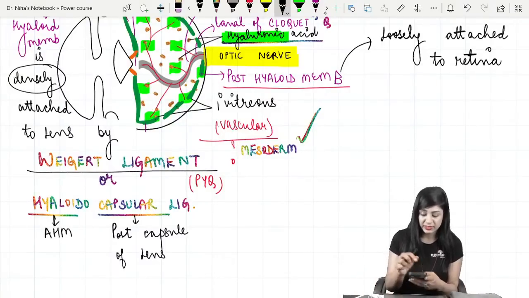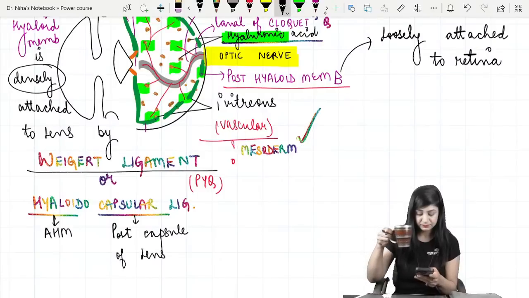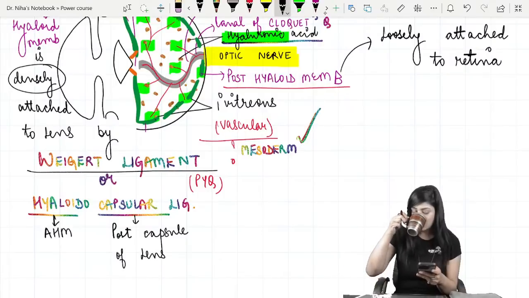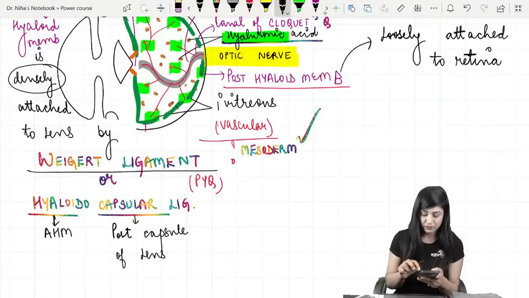Meanwhile, I am sharing the questions related to this. Please complete the diagram and start giving me the thumbs up so that I get to know that you have drawn it.